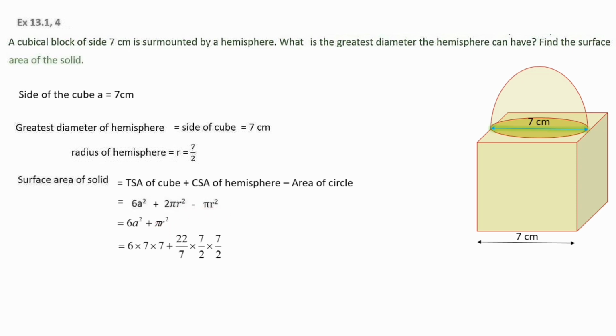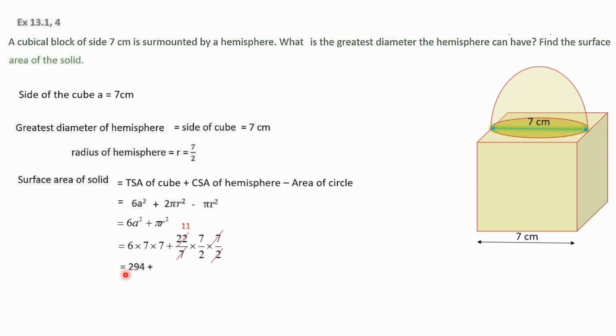Then just substitute it: 6 into a, the side of the cube, that is 7, 7 into 7, plus pi value 22 by 7 into radius of the hemisphere, that is 7 by 2, so 7 by 2 into 7 by 2. Then cancel the 7, and 2 and 22 we can cancel, 11. That is 6 into 7 into 7.